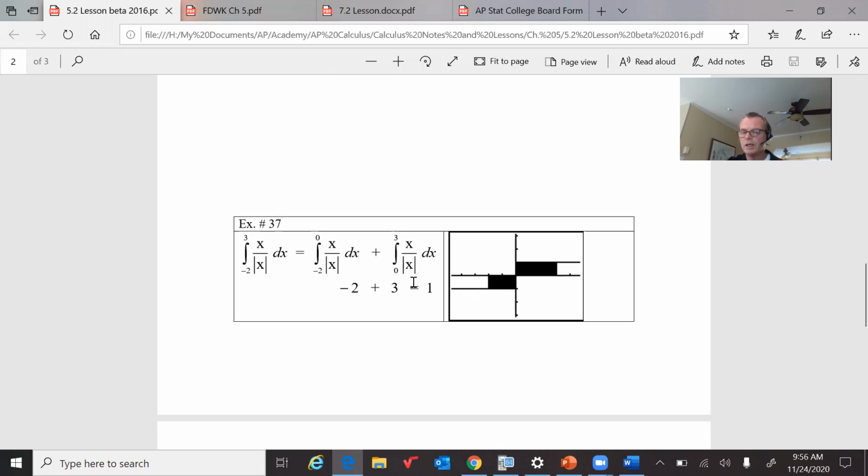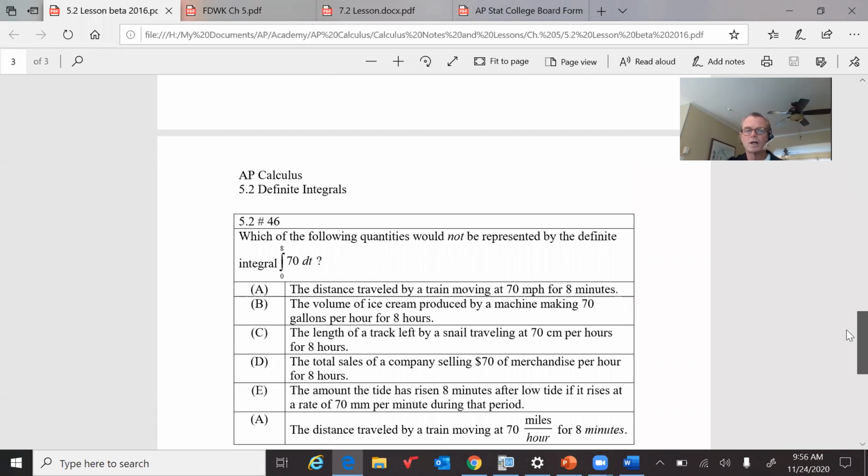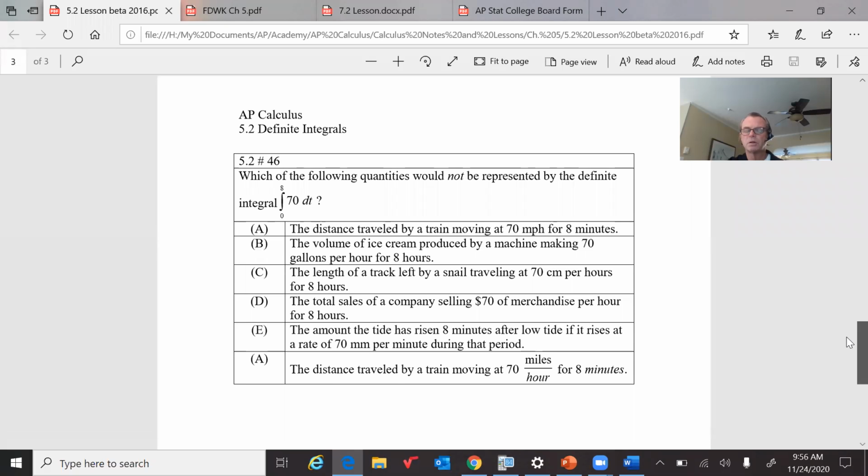From 0 to 3, the area is +3. So the net area is 1. Okay? And then we already went over question 46, or which one is not represented here. And that's the issue, that in A, the rates don't match up. Okay?